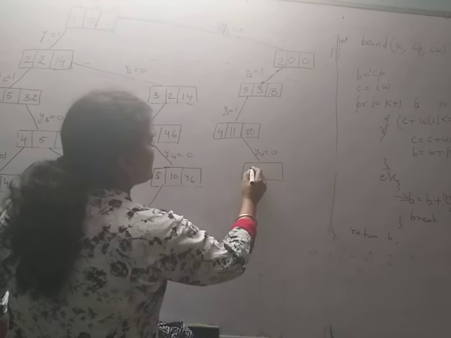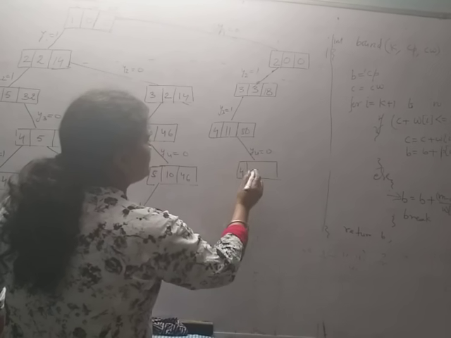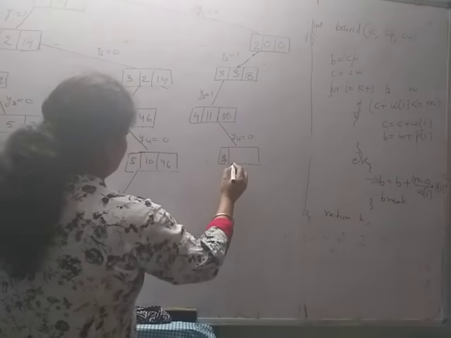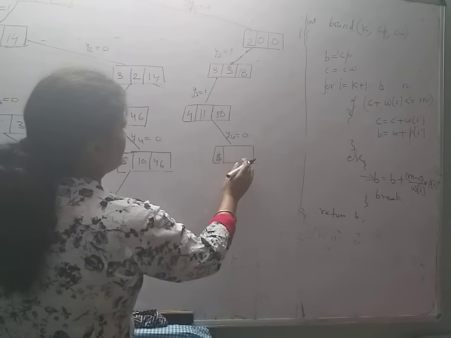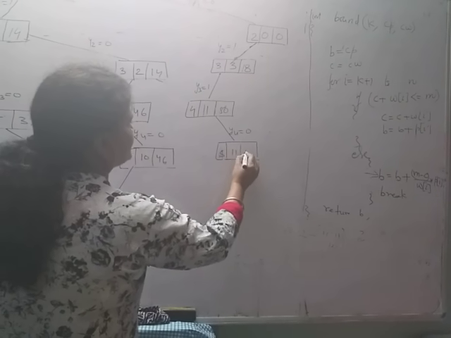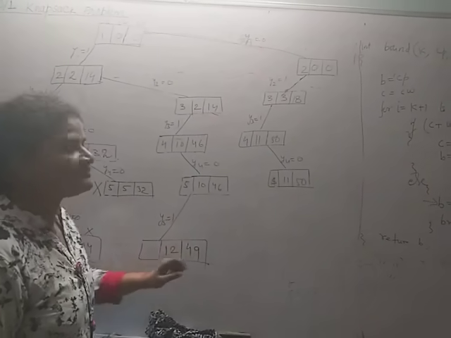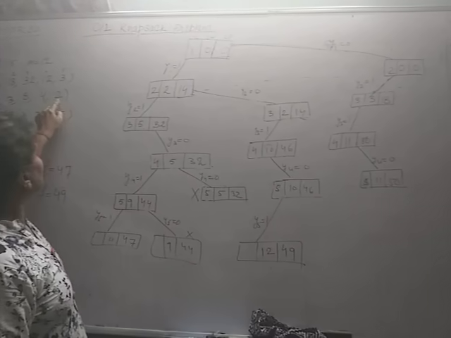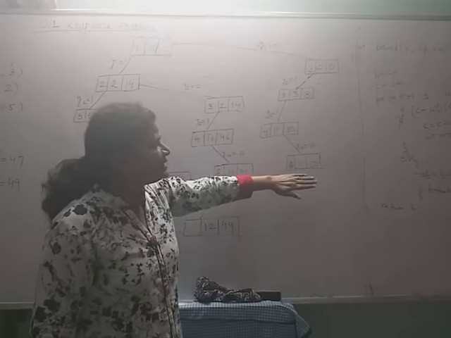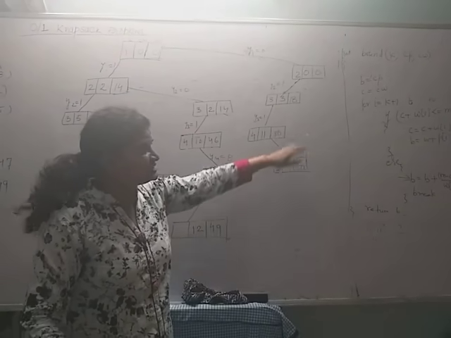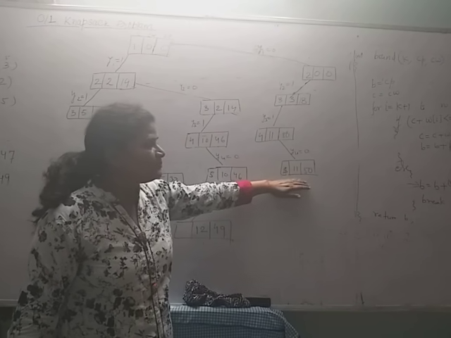y4 equal to 0, and simply here the fifth, weight 11, profit 50, and the fifth weight is 2. So again the fifth weight cannot be added, but before moving we check the bounding function.